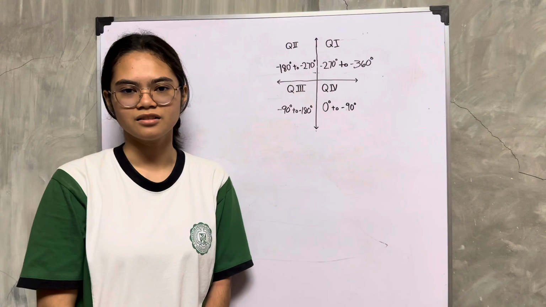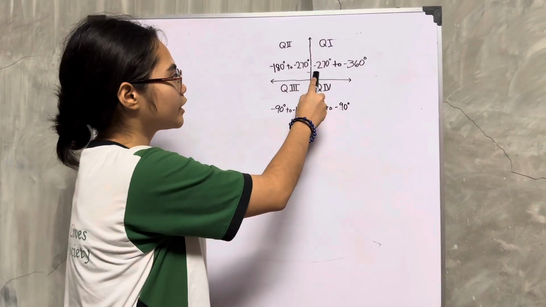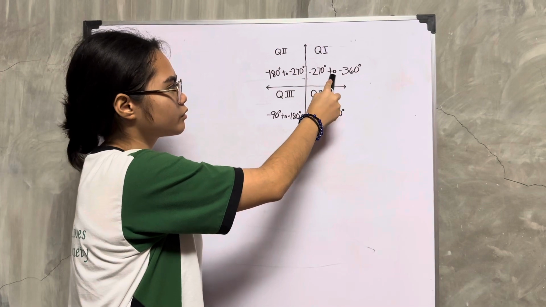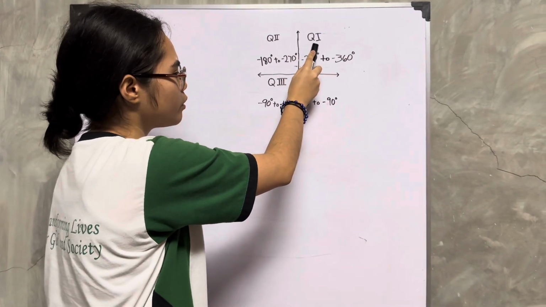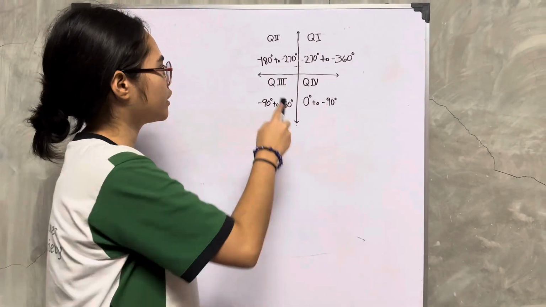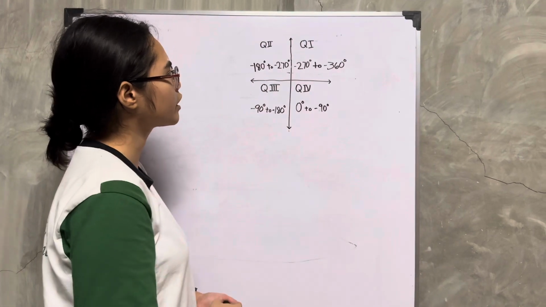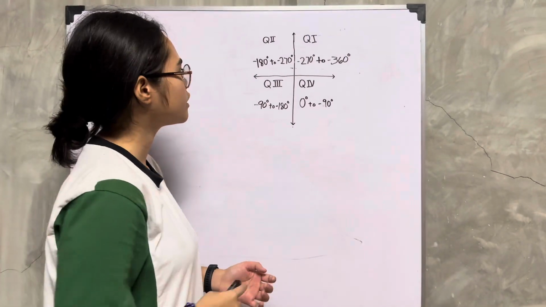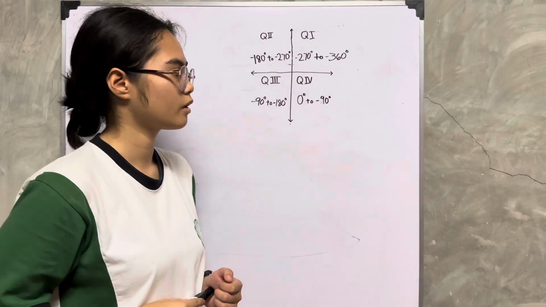For negative angles, we go clockwise. As you can see, negative 270 degrees to negative 360 degrees is in quadrant 1, which is at the top right section of the Cartesian plane. Negative 180 degrees to negative 270 degrees is in quadrant 2, which is at the top left of the Cartesian plane.